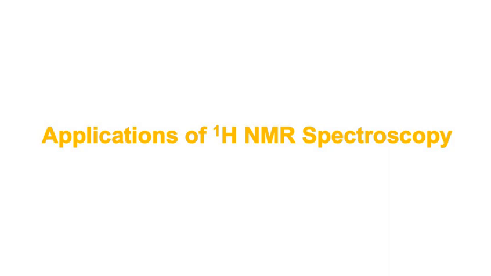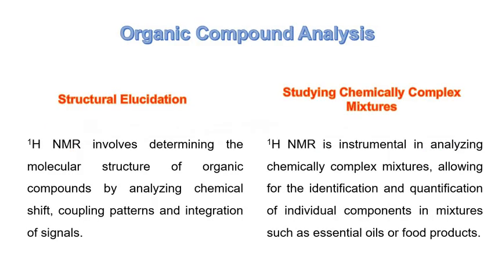So, applications of proton NMR spectroscopy. It is mainly used for organic compound analysis. Proton NMR involves determining the molecular structure of organic compounds by analyzing chemical shift, coupling patterns and integration of signals. Mainly, chemical shift shows the types of hydrogen environments, for example, aromatic, alkyl, aldehyde.